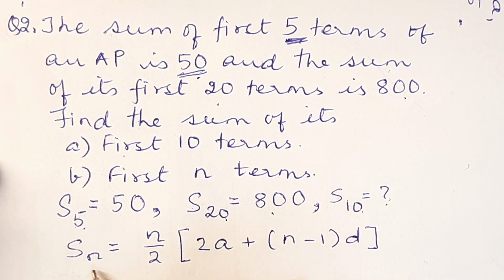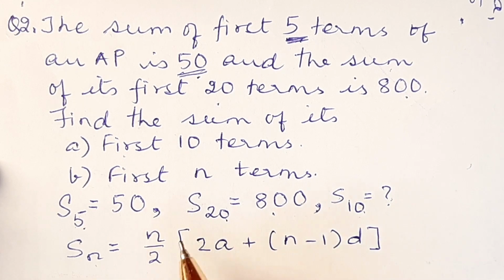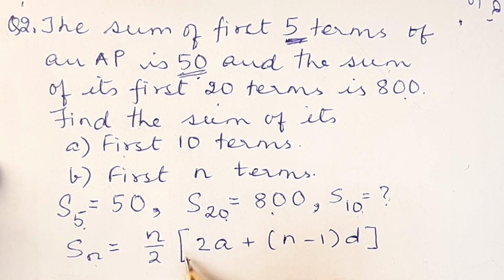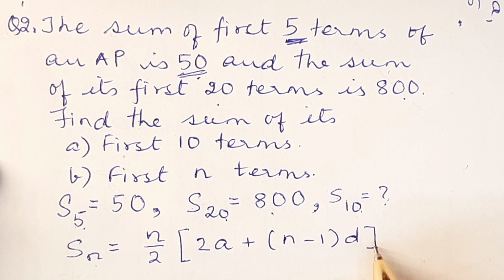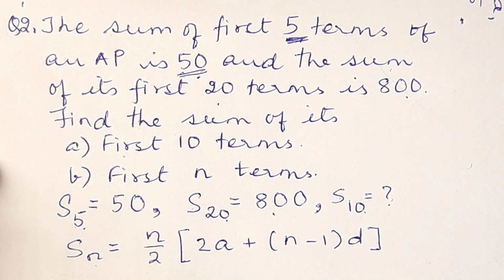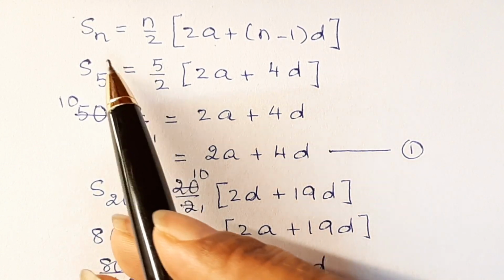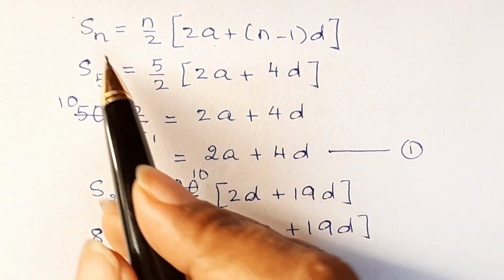So we will need the formula Sn, which we already learned, n upon 2 into bracket 2a plus n minus 1 into d, and we are going to use this formula to substitute the values and get the required answer.